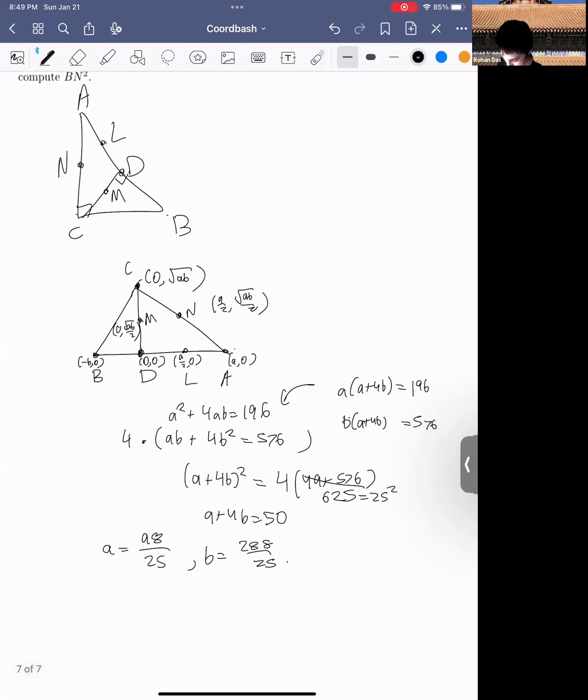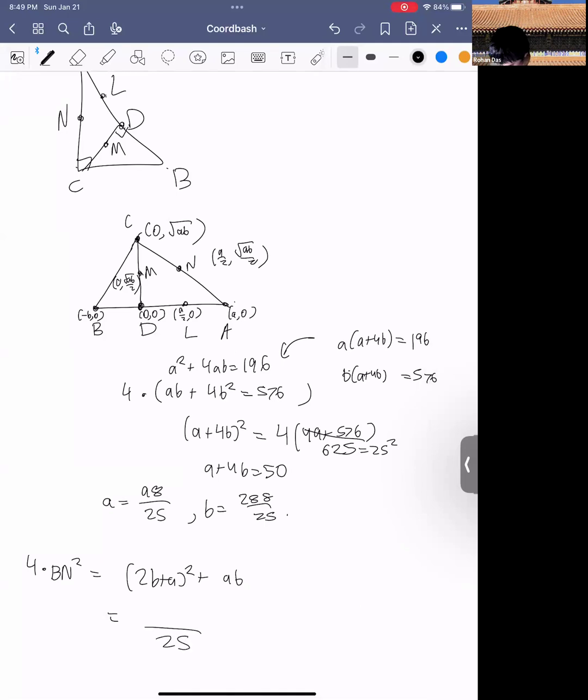The length BN squared times 4 is 2b plus a squared plus ab, which we can write as, so if we divide both sides by 4 at the start to avoid having to deal with that later, this becomes 49 plus, wait, it should be 49 plus 288, but I think it's supposed to be 49 plus 144.